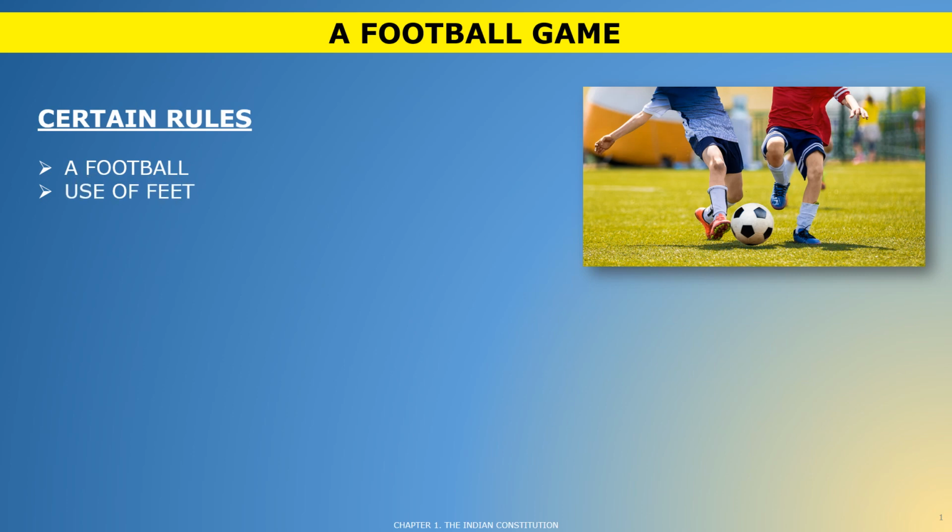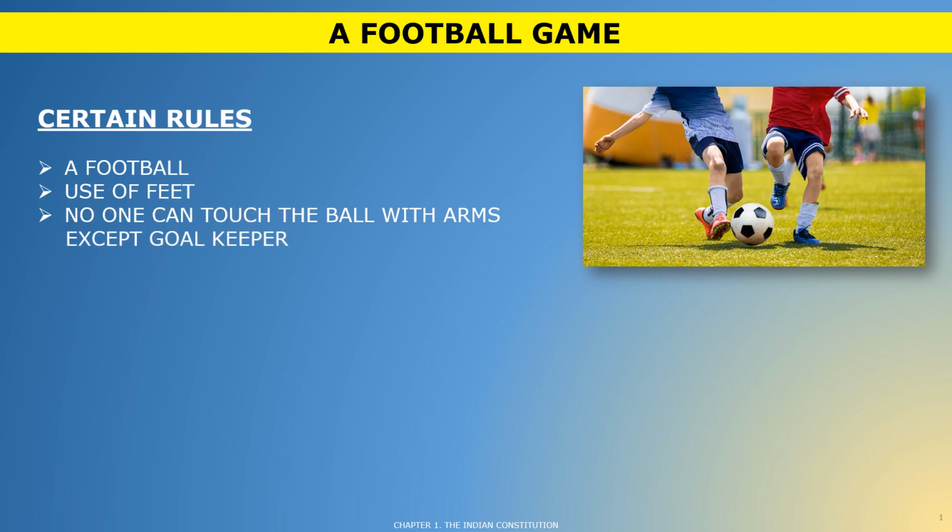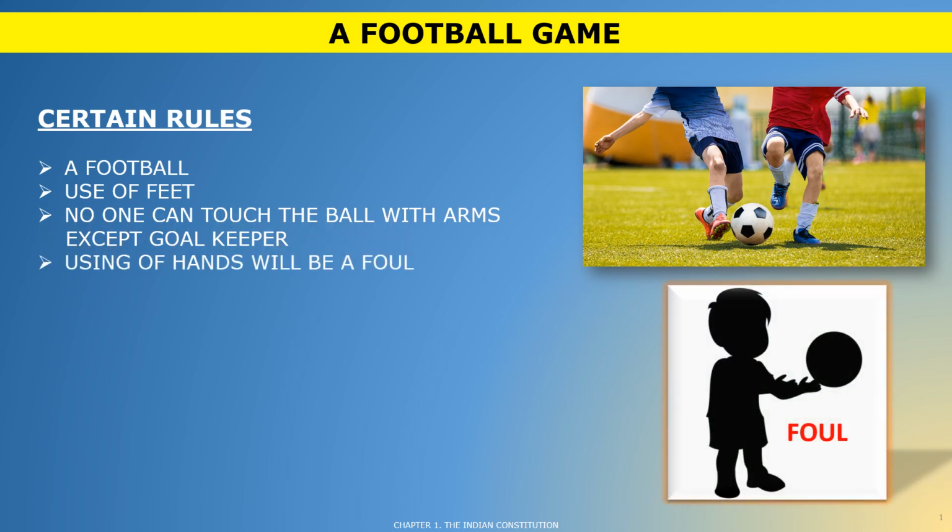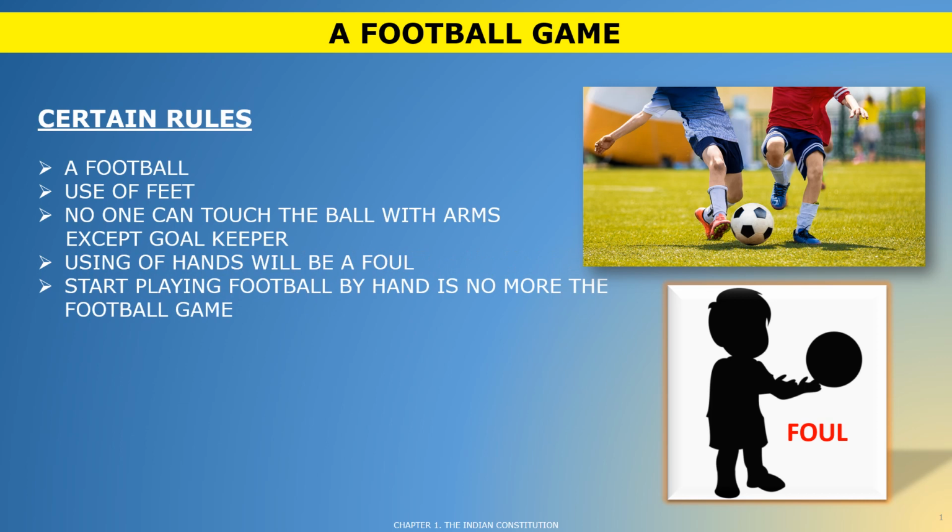No one is allowed to toss the ball with their arms except the goalkeeper. If anyone touches the ball with hand, then there will be a foul. But if all the players started playing football by hand, then it is no more the football game. It may change to volleyball.